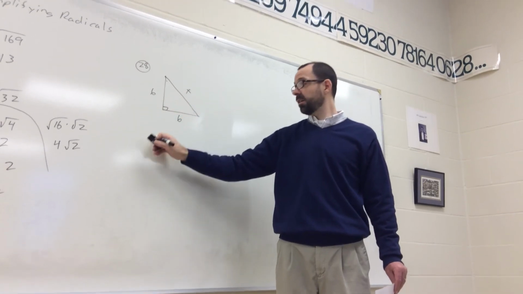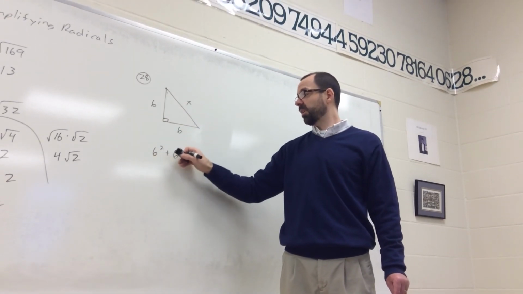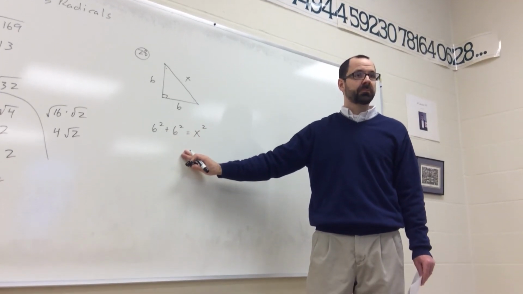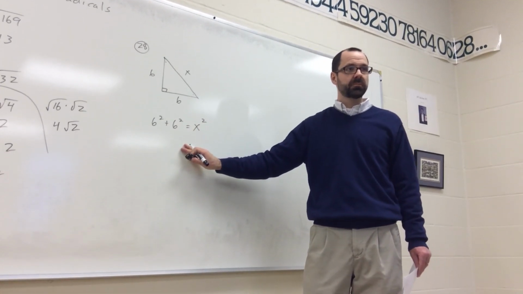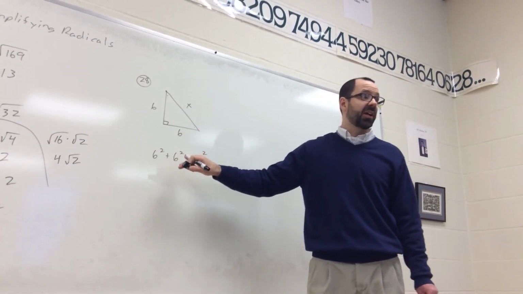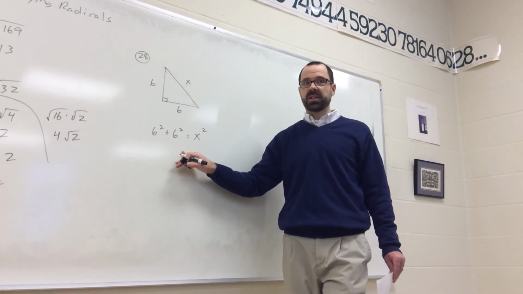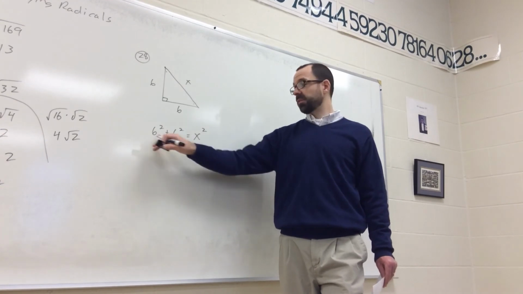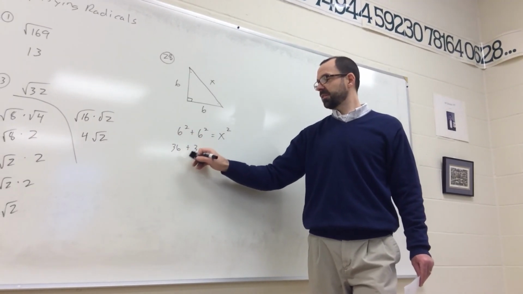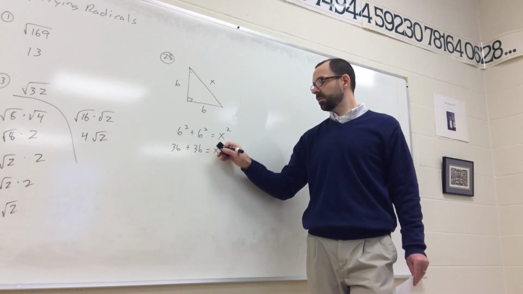So leg squared plus leg squared equals hypotenuse squared. I'm allowed to do that since this has a right angle. If it didn't have a right angle, I couldn't do this, but since it does, I can. So then 6 squared is 36. 36 plus 36 is 72.